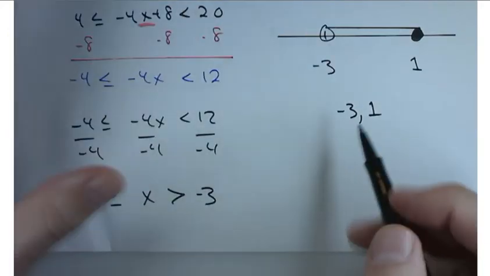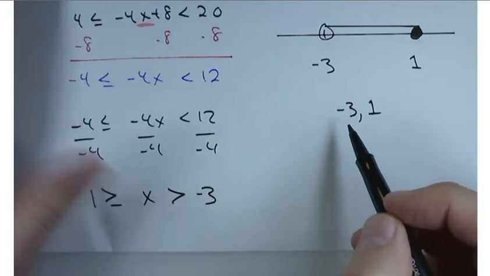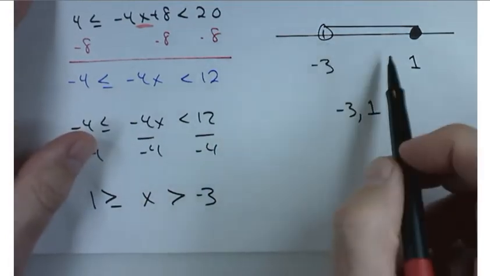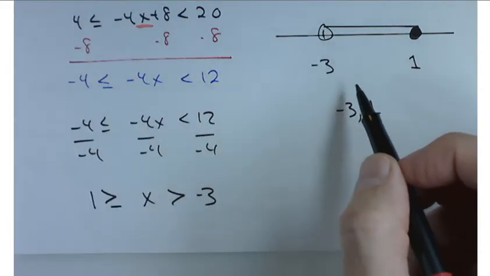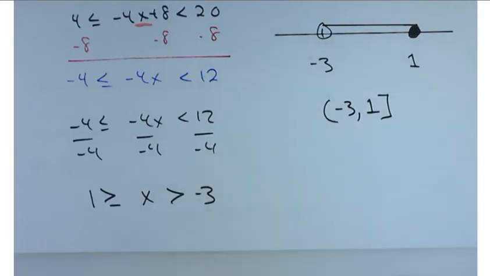So what interval notation should I put around this? They're not both going to be the same, because one of them has a hollow dot. There you go. So parenthesis and then a bracket. Good job.